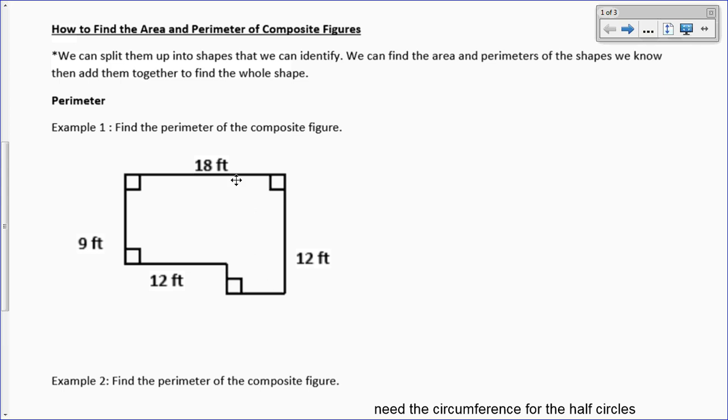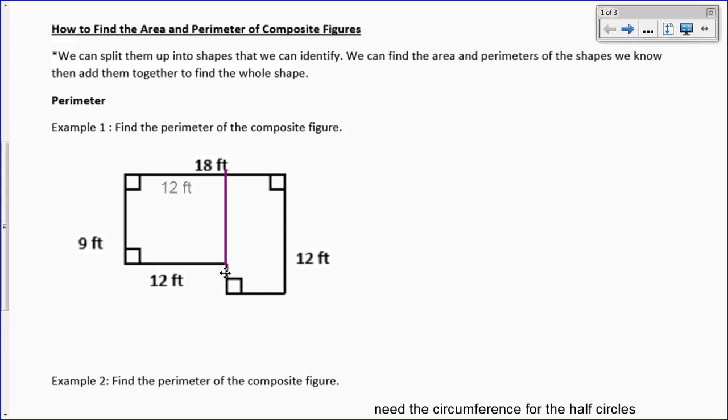So this is what we're going to do. We're going to split it up into two shapes that we know. This guy and this guy. So two rectangles. When I split it up though, what happens is that I'm splitting this long side up. So this long side altogether is 18 feet. But now we have just this side and this side. Well, this side of this rectangle is going to be the same length as this side.